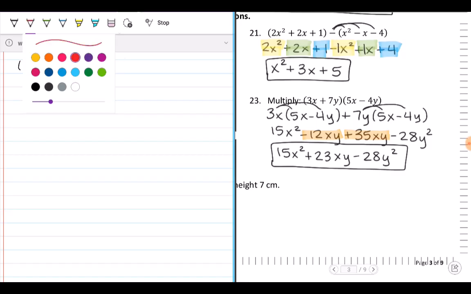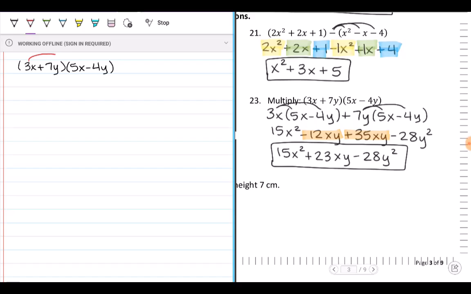Okay. All right, so you take your first two terms, 3x times 5x, which would give you 15x squared. Then you take your outside terms, which is 3x times negative 4y, and that's going to give you negative 12xy.